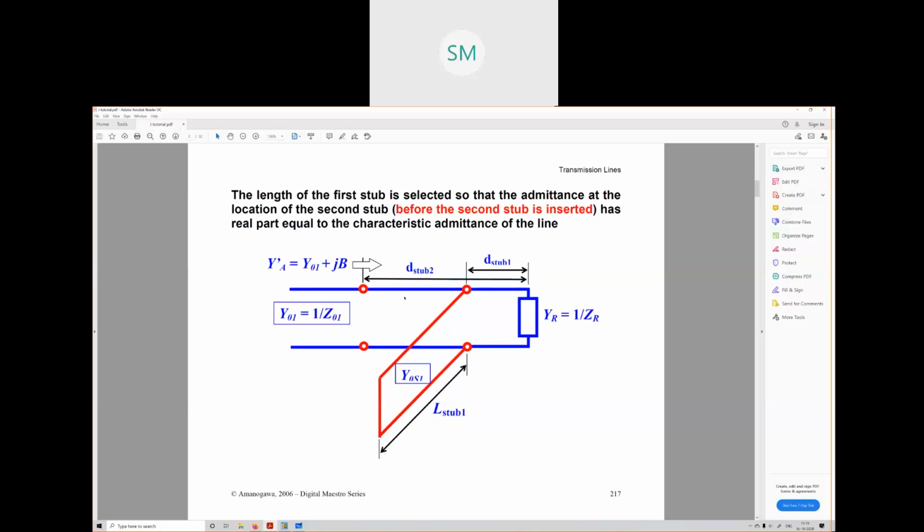We need to adjust L stub 1 in such a way that the load admittance as seen here, this Y in, is 1 plus jB.